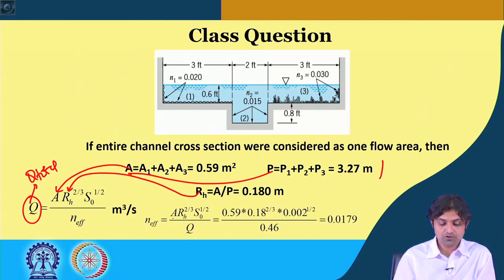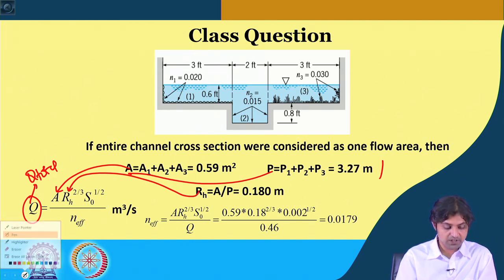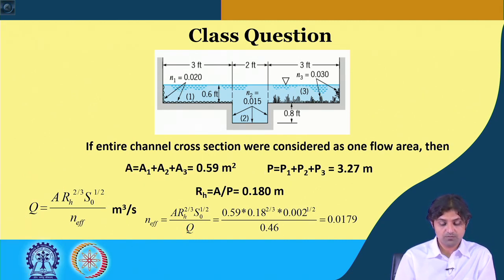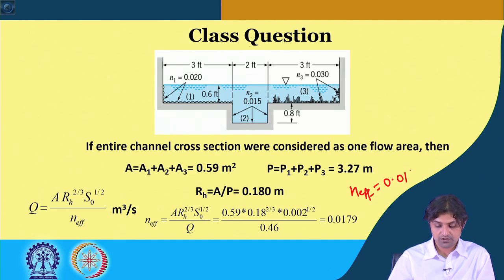So, N effective is going to be A RH to the power 2 by 3 into S naught to the power half divided by Q. So, A is 0.59 into 0.18 to the power 2 by 3 into 0.002 to the power half divided by 0.46. So, N effective came out to be 0.0179. Okay. So, this lies between N2 and N1 and N3.